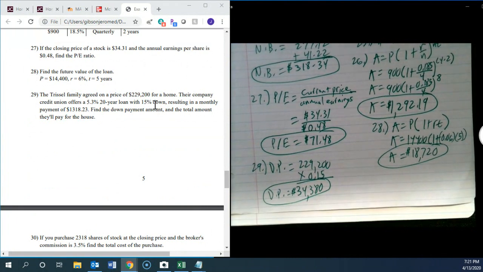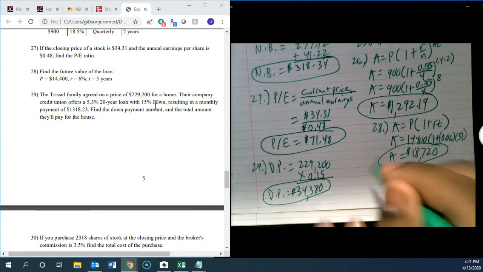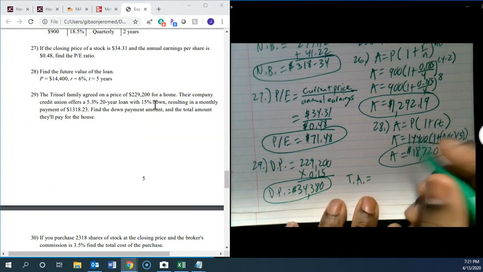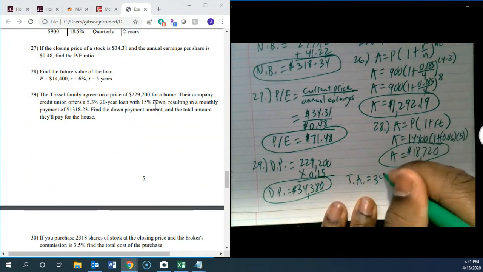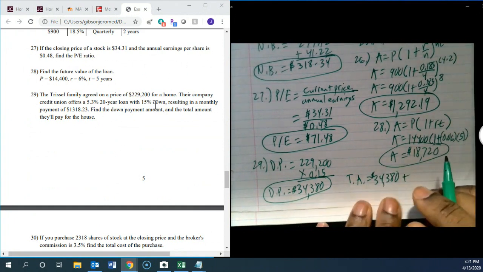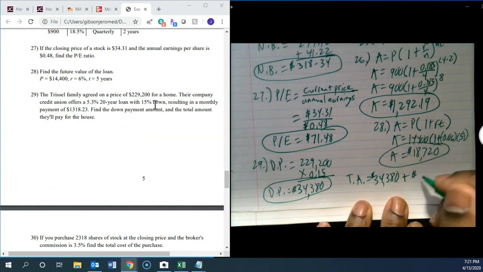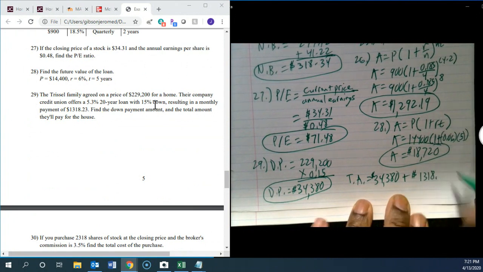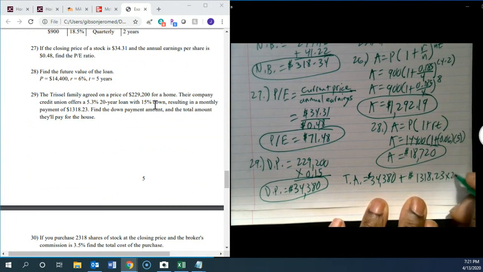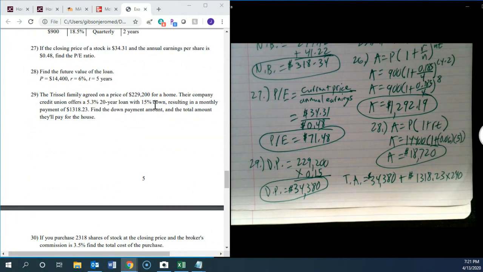Now we want to know also the total amount that we would pay for the house. So we would say the total amount will be equal to this. It'll be the down payment, which is $34,380, plus the payments we made. We're told that our monthly payment is $1,318.23, and it's a 20-year loan, so that's times 240 months, because it'll be 240 payments. 20 years times 12 payments a year, that's 240 payments.